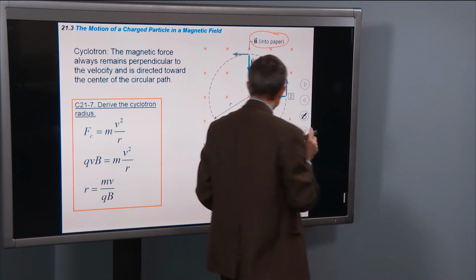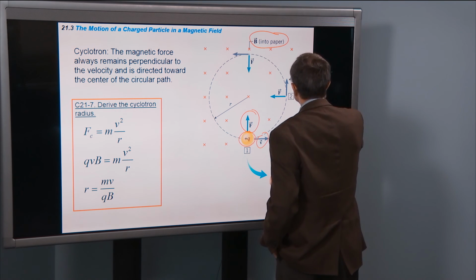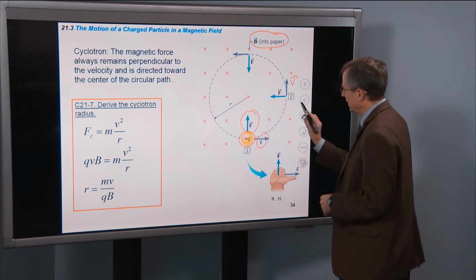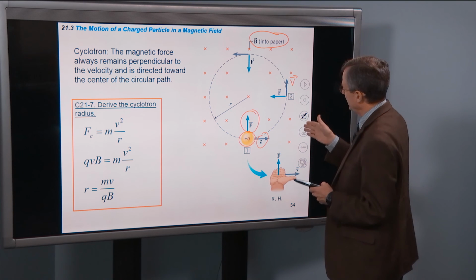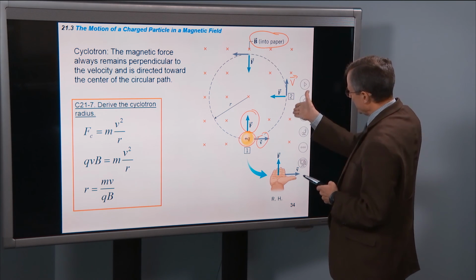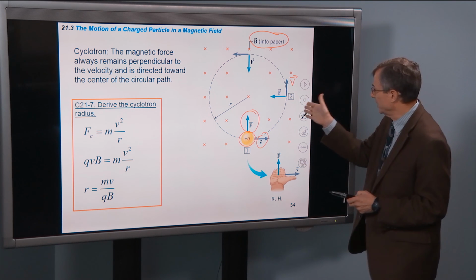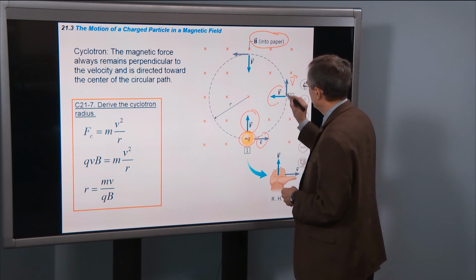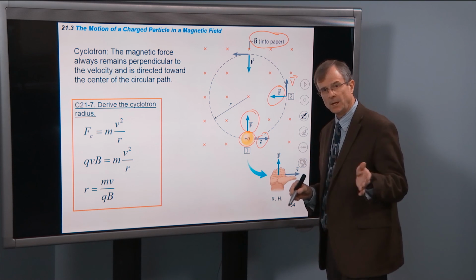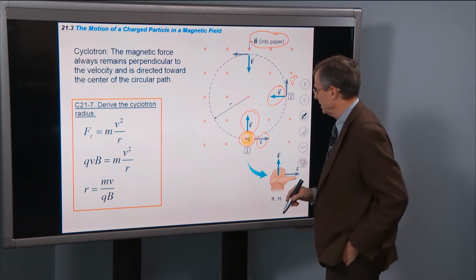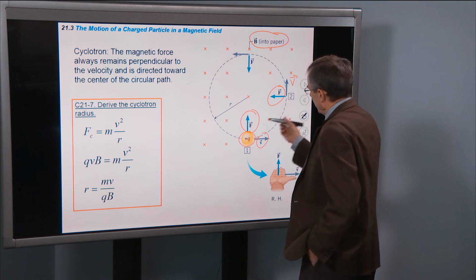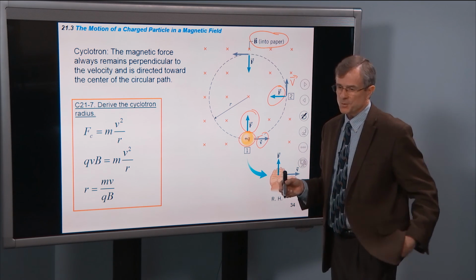All right, but the same thing happens over here. The velocity now is in this direction, and now we're going to do thumb in the direction of the velocity, fingers in the direction of the magnetic field that's into the screen, and the force is this direction. Force and velocity always perpendicular to each other, so it does no work. And that's a central force. That's just like gravity.